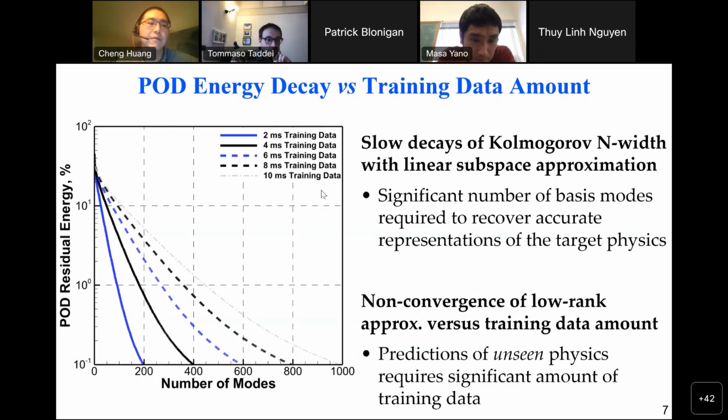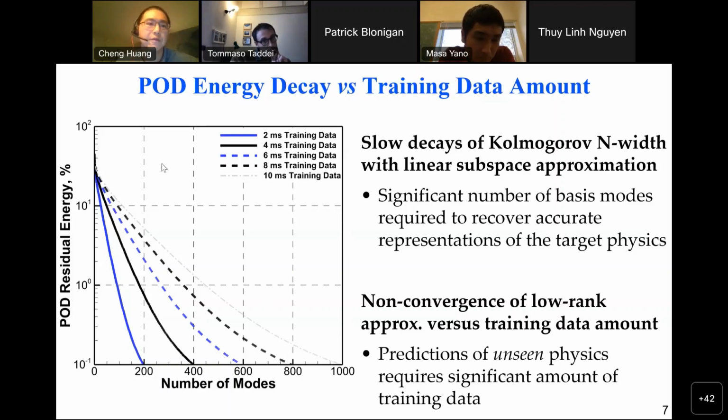But on the other hand, if you look at the POD energy decay here, that's actually indicating two things. One, which Matt already elaborated pretty well in his talk, is the slow decay of the Kolmogorov n-width. So we have a Kolmogorov barrier problem here as well for the combustion problem.